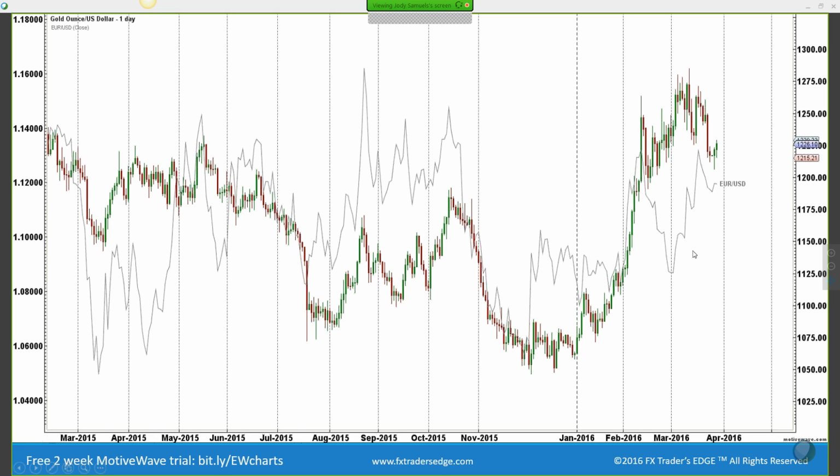And right now, if we just look at this last little piece on the euro versus gold, with gold moving down and the euro moving down, usually the relationship is gold higher, weaker dollar, gold lower, stronger dollar, and with the euro moving down, that is stronger dollar.